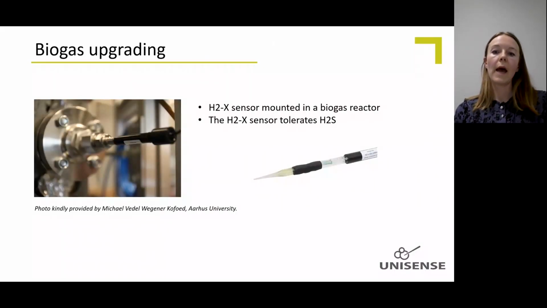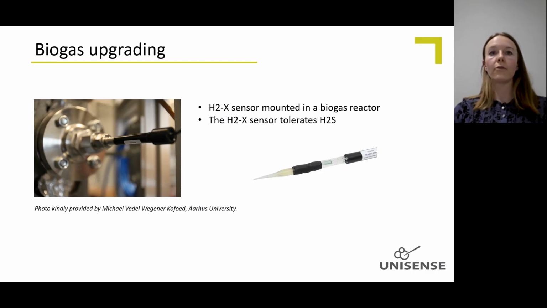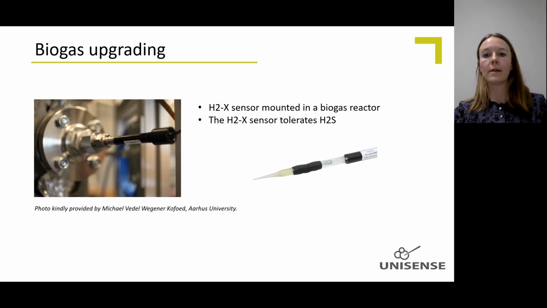The hydrogen sensor is also used in many biogas upgrading applications where microorganisms convert hydrogen and CO2 into methane. And in this environment, hydrogen sulfide is also present, and hydrogen sulfide interferes with the signal of our standard hydrogen microsensor.